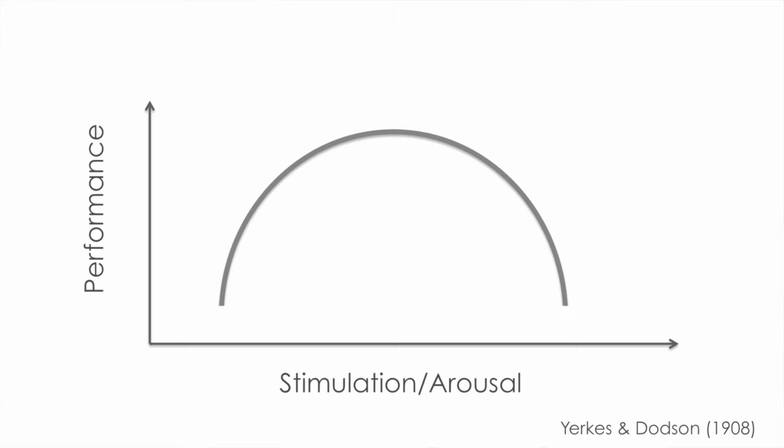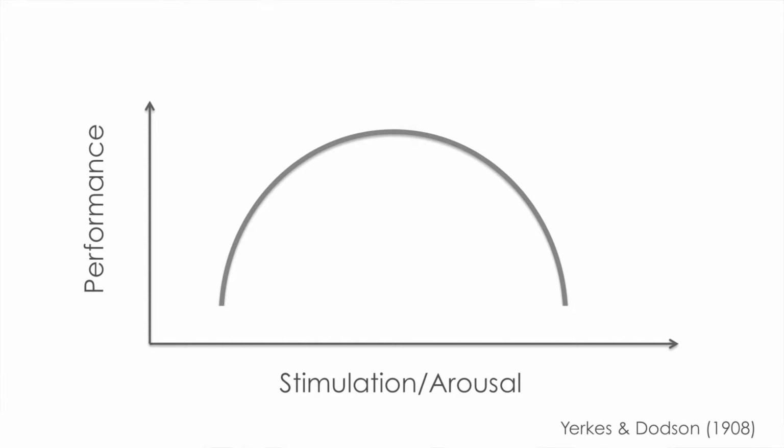underload. This is because performance is optimal when the level of stimulation is in a Goldilocks zone, not too high and not too low. This fact was discovered long ago and is often referred to as the Yerkes-Dodson law. The Yerkes-Dodson law is shown here in this figure, which depicts performance on the vertical axis and level of stimulation or arousal on the horizontal axis.